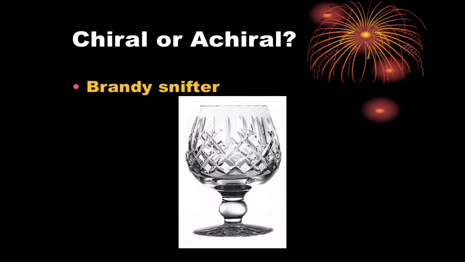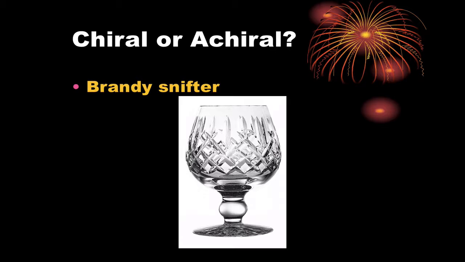What about this brandy snifter? Is it chiral or achiral? Why do you say achiral? If I cut it in half, it's the same thing. You're correct. It is achiral. But why is it achiral? If I could imagine taking one and overlaying it on the other, everything would match up.